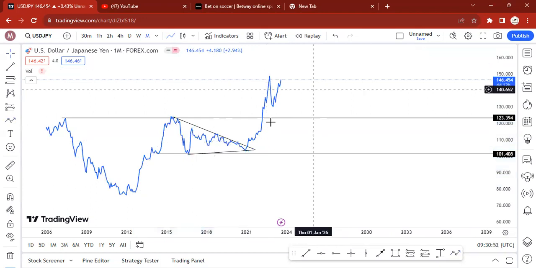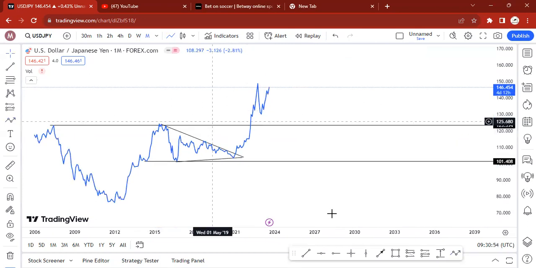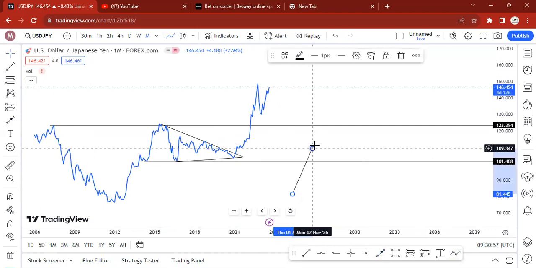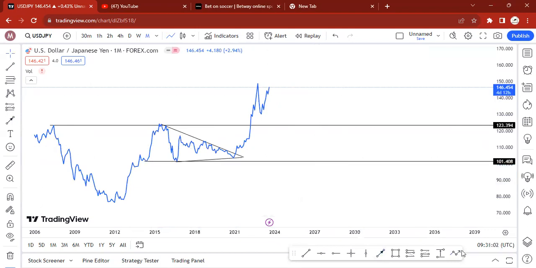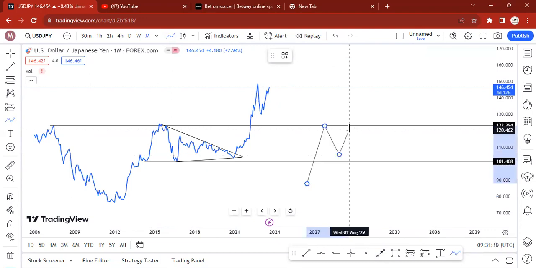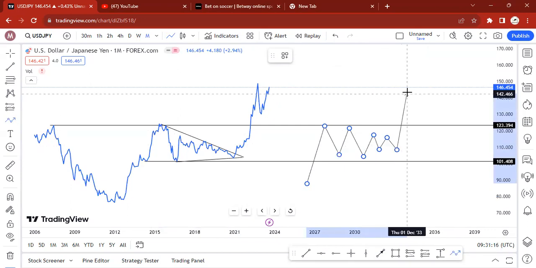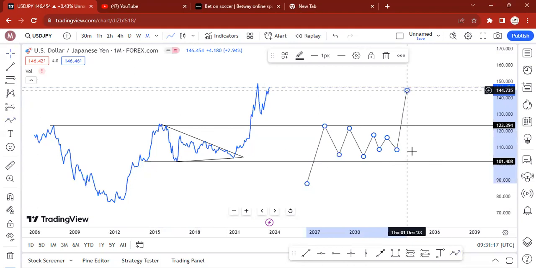All right, so in simple terms we can just draw something like this. Impulse move, consolidation into a wedge, and an impulse move again.